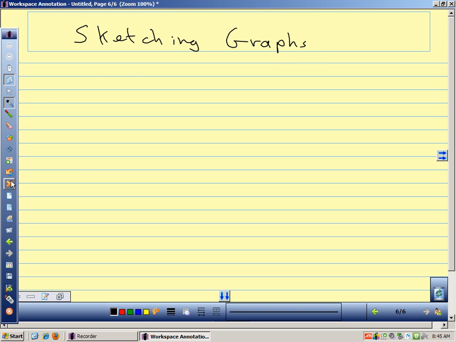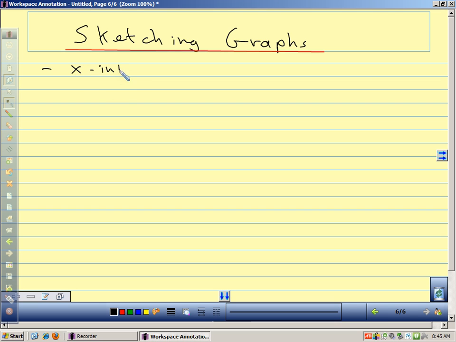So we're going to have some steps for sketching graphs. We need to find several things. When we're sketching a graph of a rational function, you want to find x-intercepts. The x-intercepts are where the function equals 0.